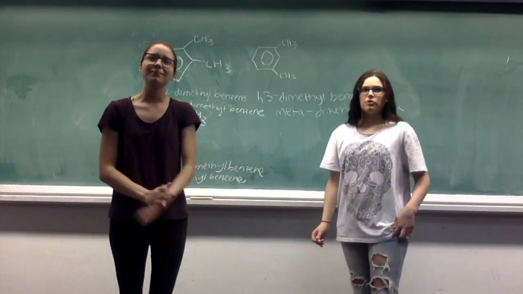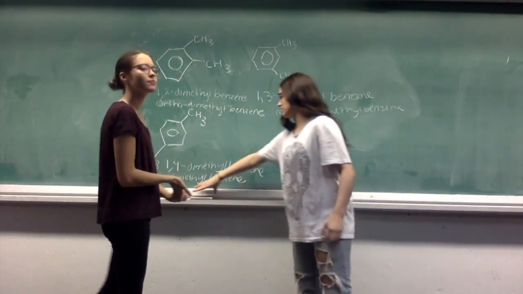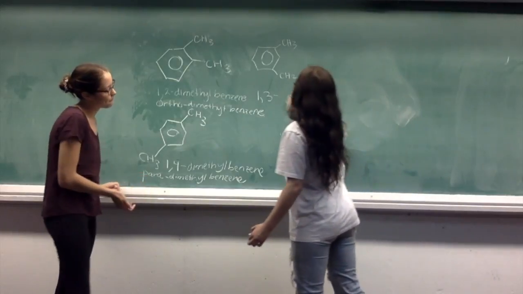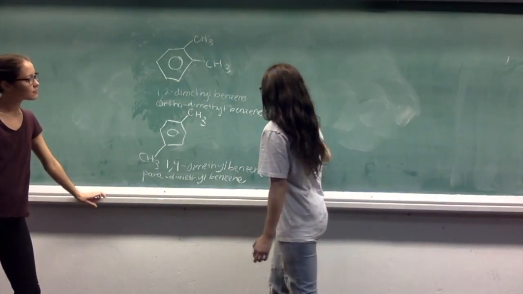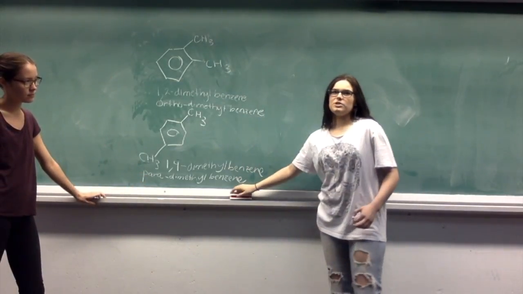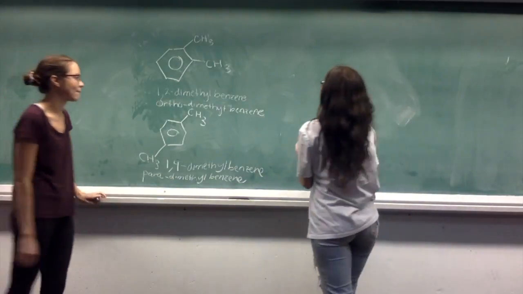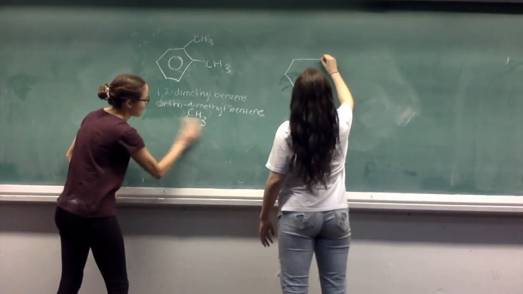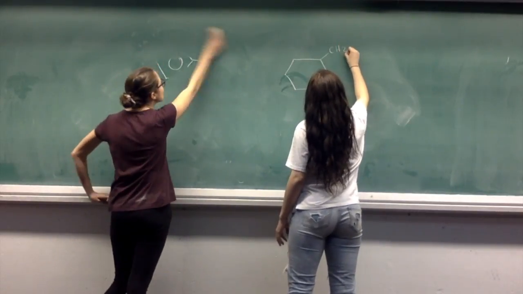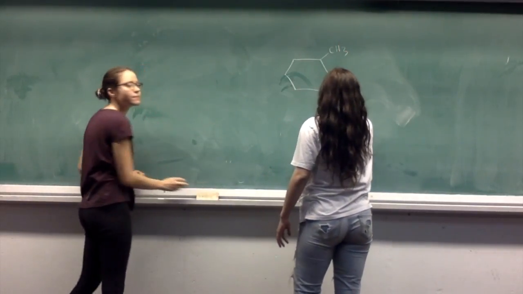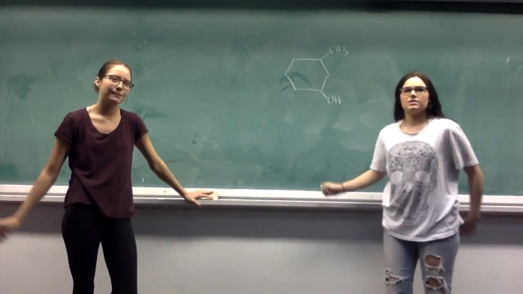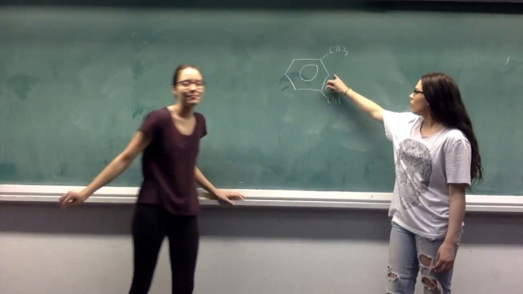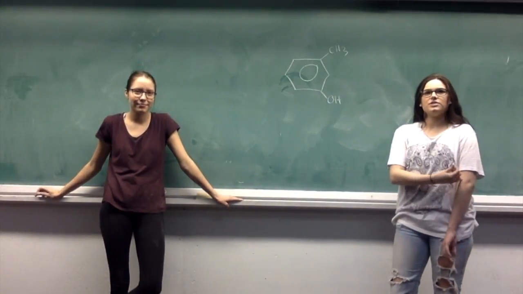Okay. So some examples of some structures that you can see the naming we just talked about with would be, so this structure here has a methyl group, 1 carbon in between, and a hydroxy group.